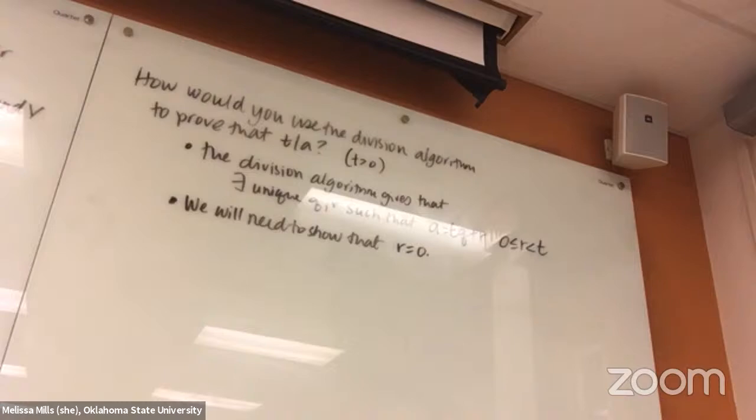It's the set of all positive numbers that can be written as a linear combination of the two. But U and V don't have to be positive, they can be negative.